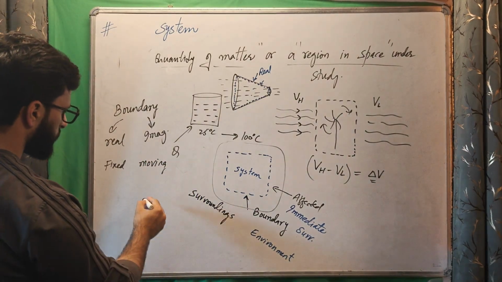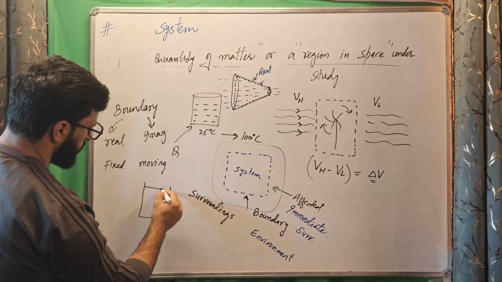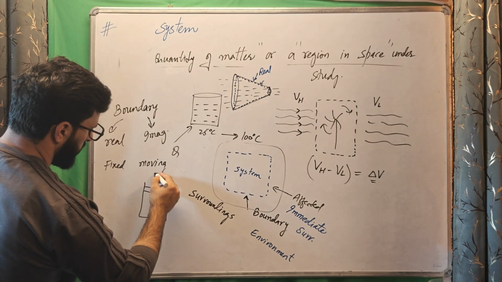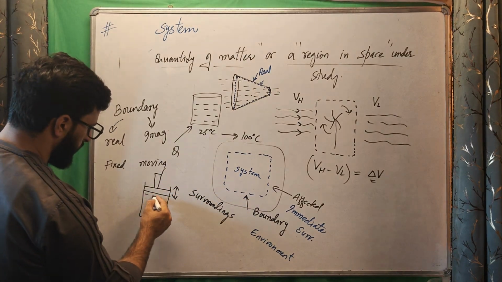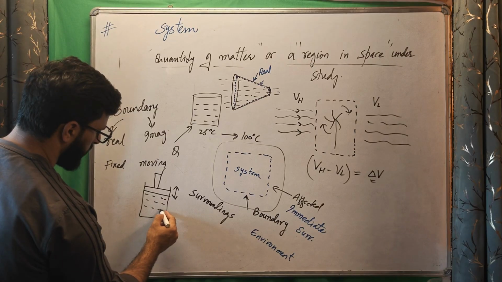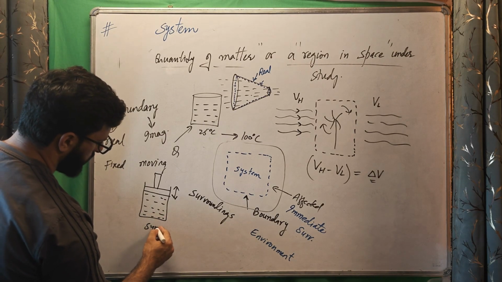For example, let's take the example of a piston cylinder device. This is a piston cylinder device. This is a movable piston, and inside there is air or any gas. So this is a system.